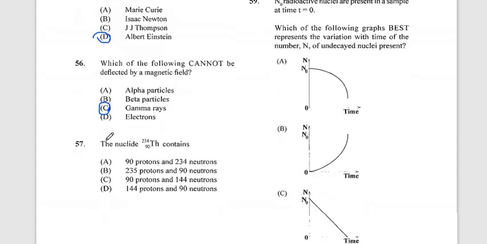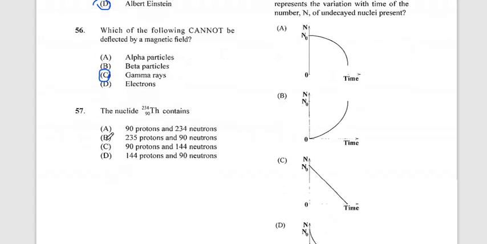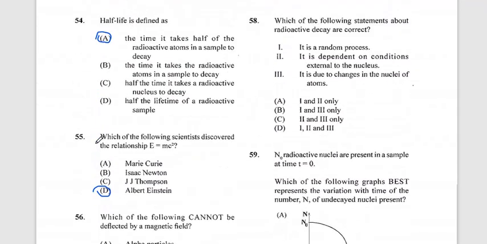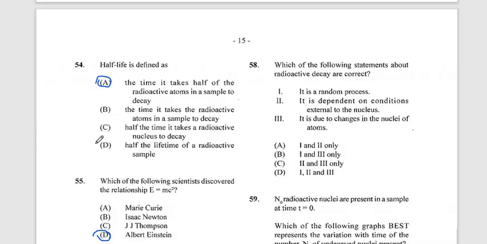57. The nuclide contains C. 90 protons and 144 neutrons. 58. Which of the following statements about radioactive decay are correct?